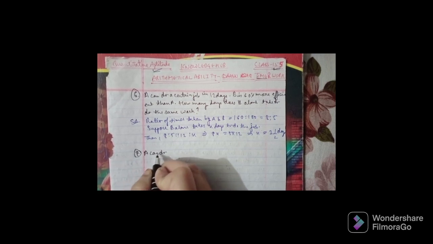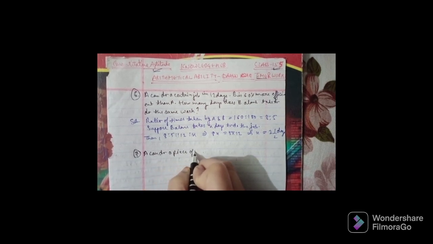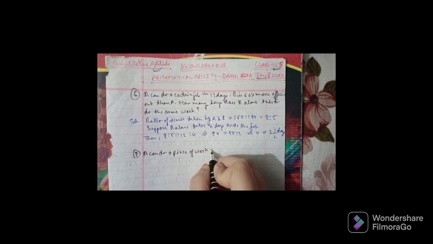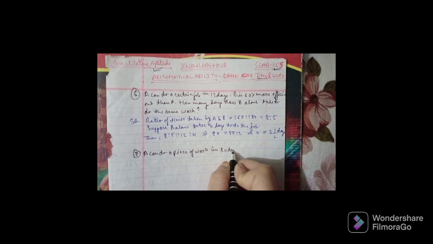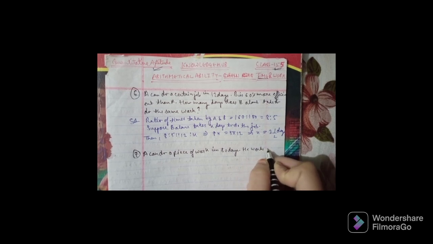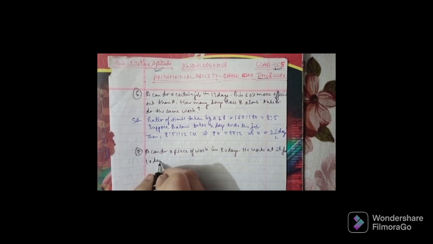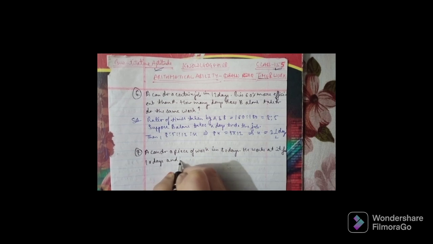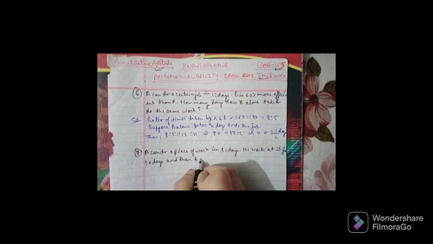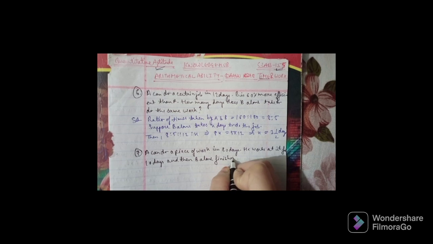A can do a piece of work in 80 days. He works at it for 10 days, and then B alone finishes the remaining work in 42 days.